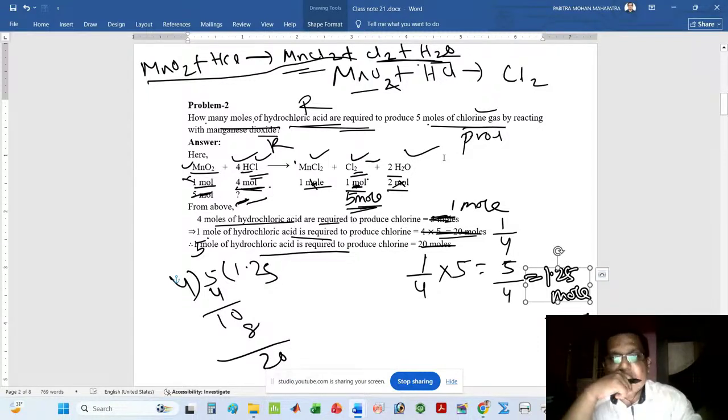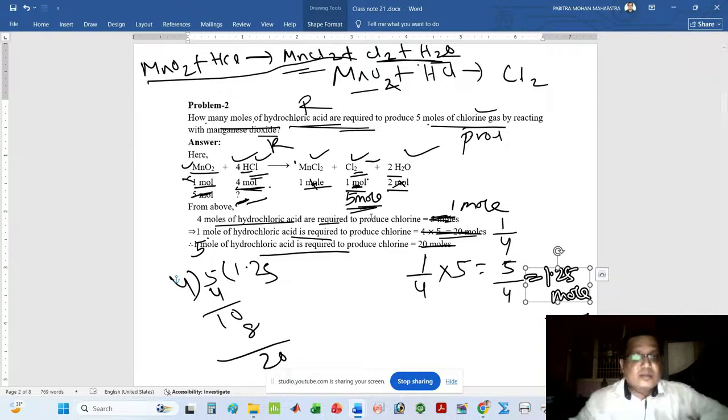Again I want to see what is the problem here. How many moles of hydrochloric acid are required to produce 5 mole of chlorine gas? This is the relation: MnO2 plus 4HCl gives MnCl2 plus Cl2 plus water.